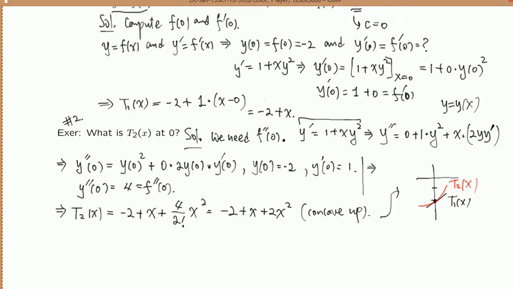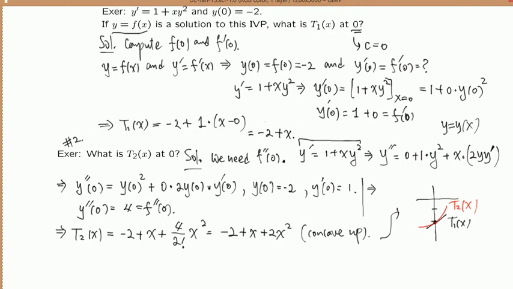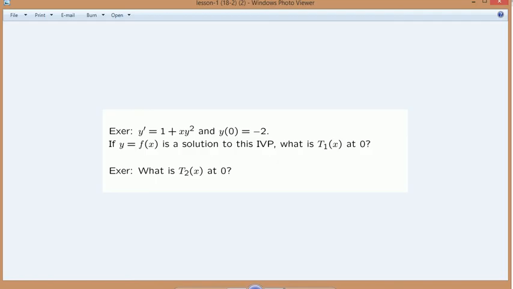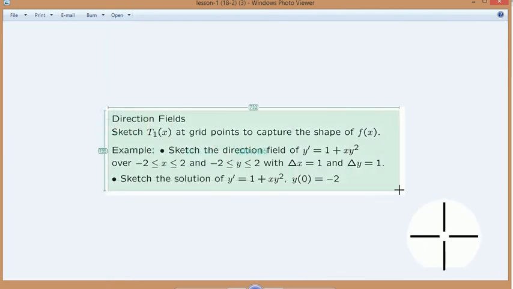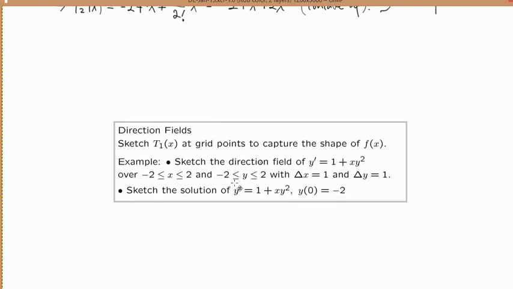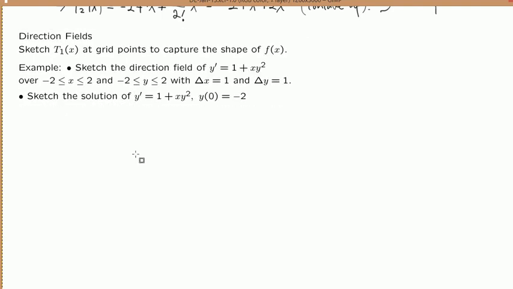So how can we actually sketch a solution that extends far to the right or left? Realize that this is too complicated. So the next idea is that T1 was simple, so why don't we stick to that T1 and do something about it, and that's the direction field. But this is a good place to introduce the idea of approximation connected to the Taylor series. We'll come back to that eventually, so I introduce it a little bit.